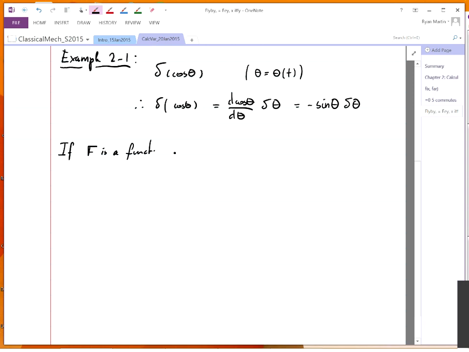If f is a function of multiple functions, let's say f is a function of, let's say, y of x and z of x and other things. And what is delta f?